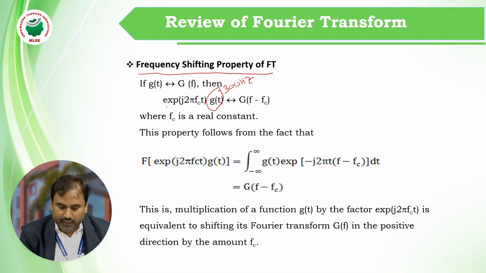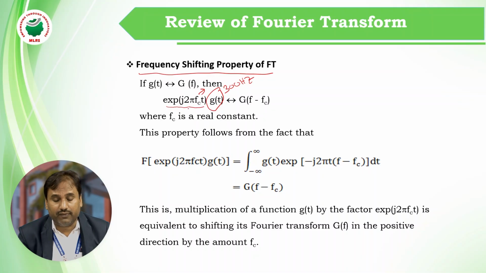Whenever you multiply g of t with exponential j 2 pi fct, where fc is the high frequency signal, you observe f minus fc in the Fourier transform.